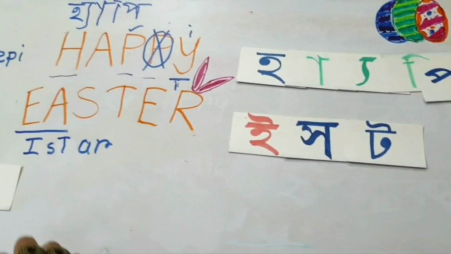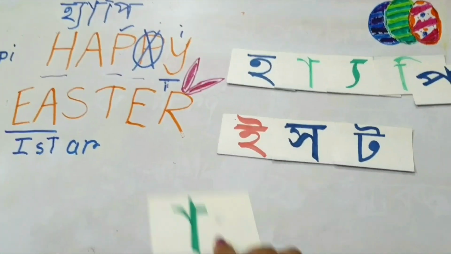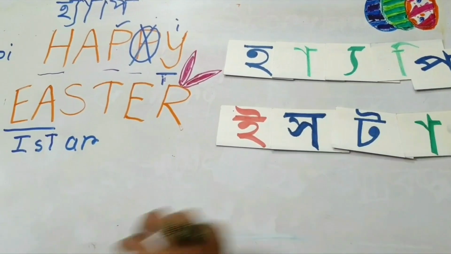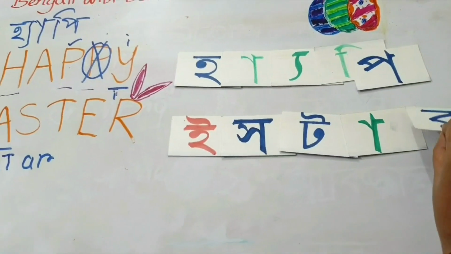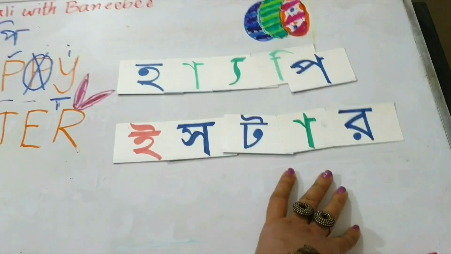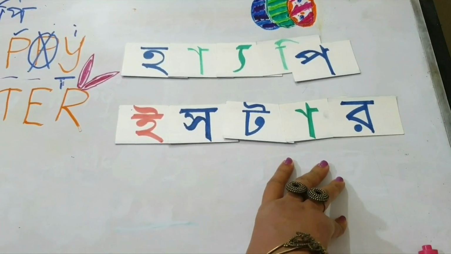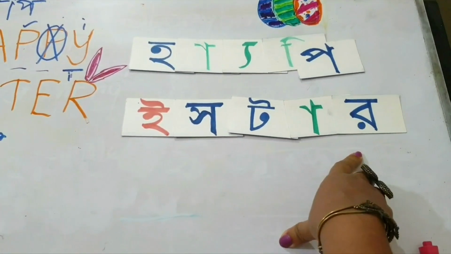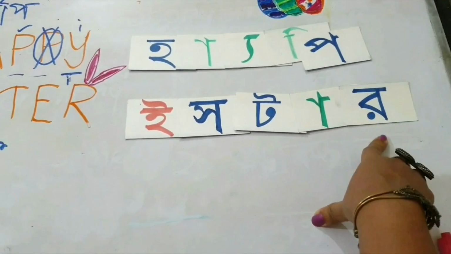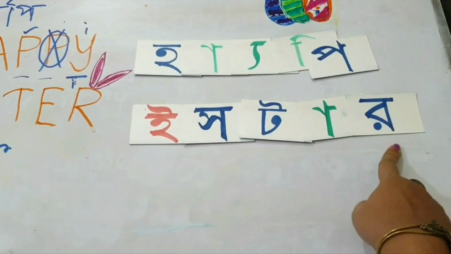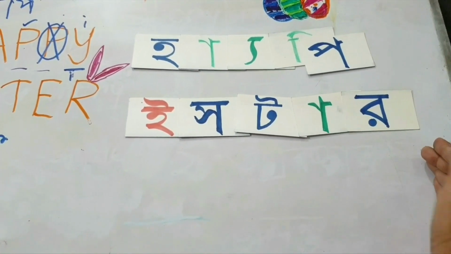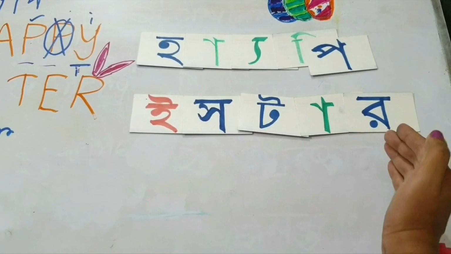Then definitely I will need this vowel sign, a vowel sign, right? So, Istar. Now you might ask why it is not Istaro, why it is Istar. Usually, not always, usually the consonant that comes at the end loses its O ending. That's why it is not pronounced as Istaro, it is pronounced as Istar.